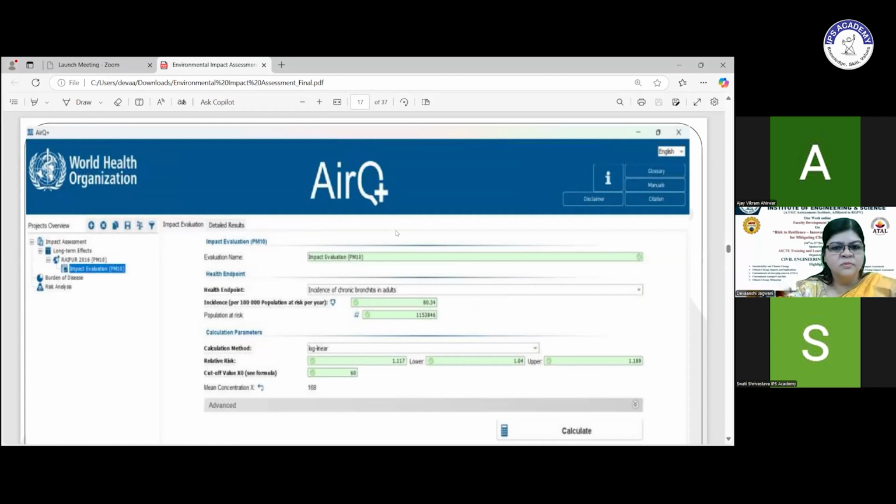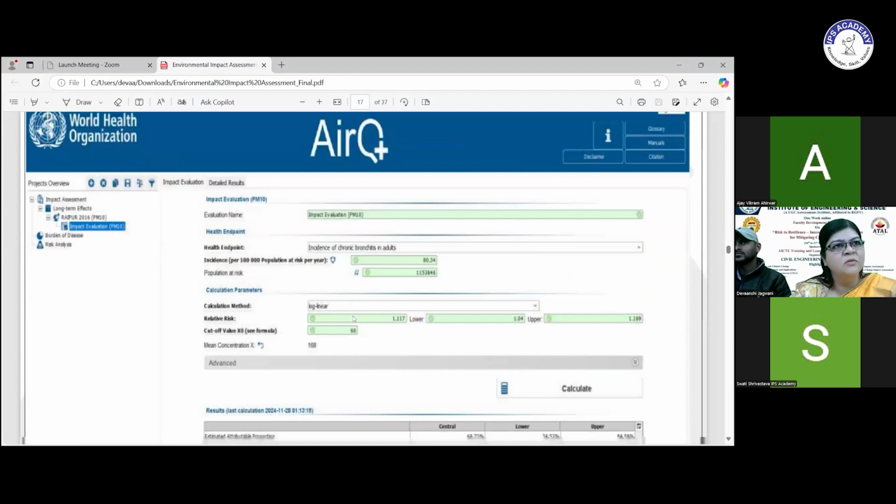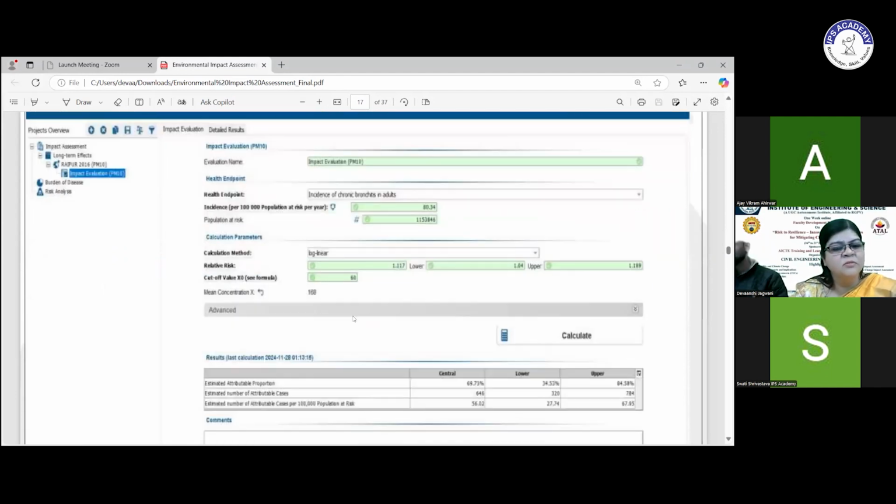We can estimate the mortality rate, then permanent disability rate, then incidence of chronic bronchitis, and different endpoints can be selected. Like this is the example of incidence of chronic bronchitis in adults.